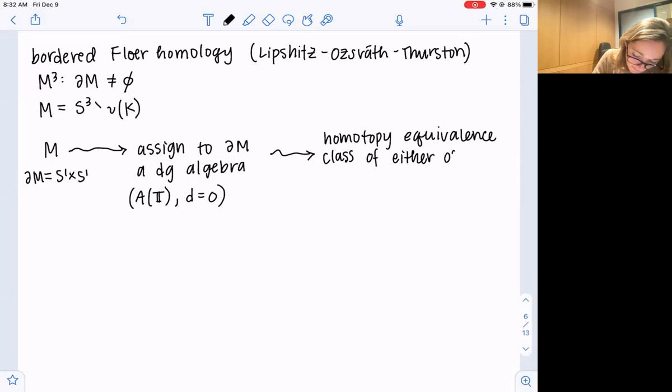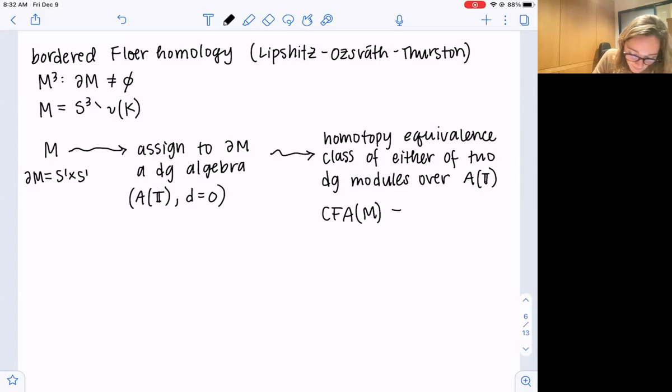Of either of two differential graded modules over this algebra. And so the point here is that this invariant seems to come in two forms, but it's actually an equivalent invariant. We can choose to view either CFA hat, which is referred to as the type A structure, or CFD hat, which is the type D structure.